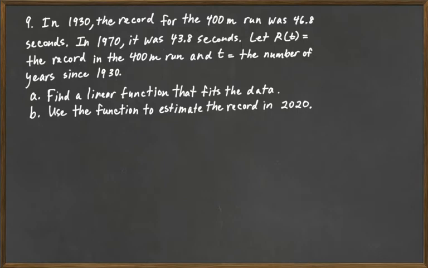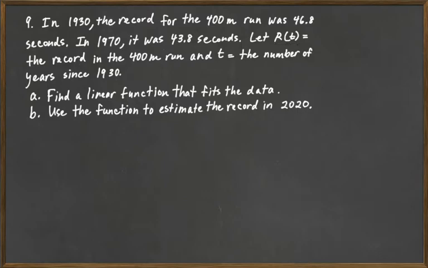And so as you look at this expression R of t, that's just the record after time t. So that's the idea. With functions, you have this dependent relationship. The record is dependent on how many years have passed, or what the time is.